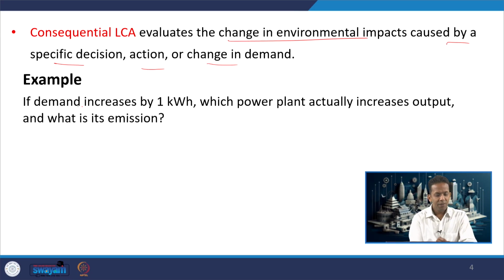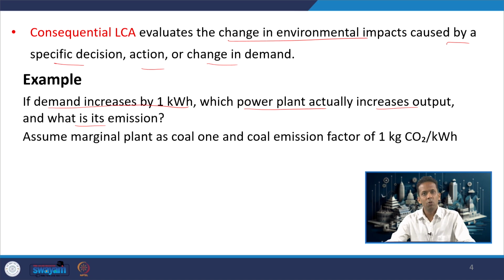For example, in the earlier example the demand was 1 kilowatt hour, find the emission factor. Now if the demand is increased by 1 kilowatt hour, which power plant will actually increase the output and what will be its emission? Generally the marginal plant is the one which supplies when additional power is required, and it is typically the one having the highest share of the grid. So if the coal power plant has the highest share of the grid, then the marginal plant is the coal one.